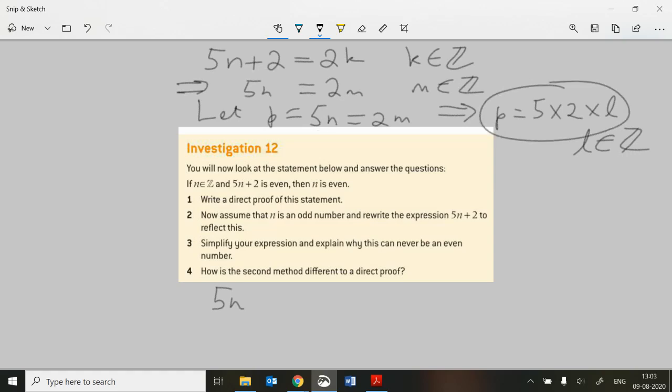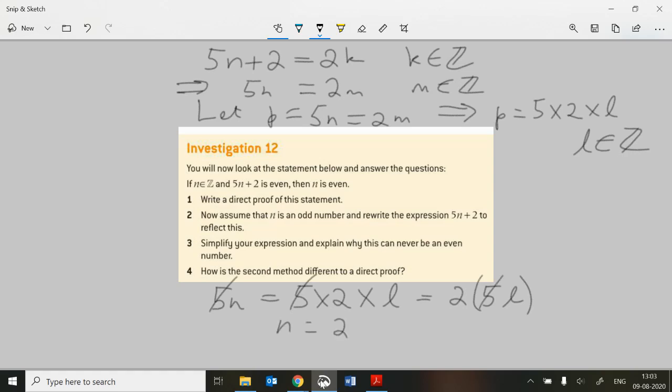If p is equal to this thing over here, then 5n is equal to 5 times 2 times L. And since we can now say that that's equal to 2 lots of 5L, we can then cancel the 5 from all of those things, and we can say n is equal to 2L, therefore n is even. Now I don't think the book goes through that many steps, but I'm just trying to be as rigorous as possible there. And I'm probably missing a few implication signs.